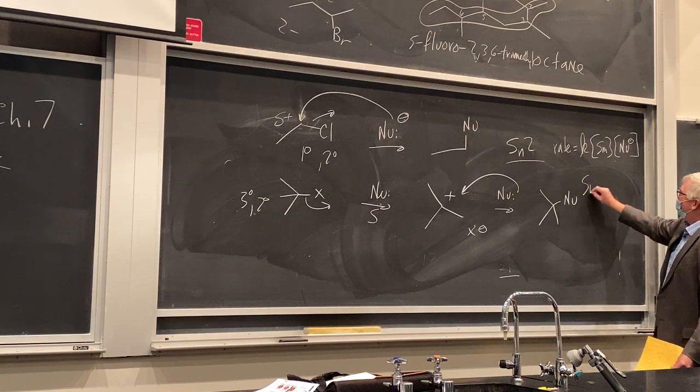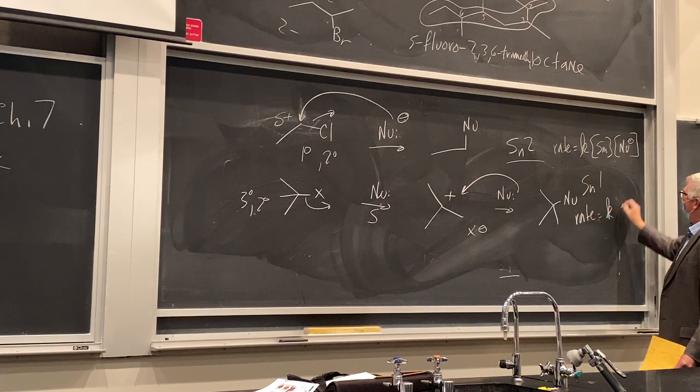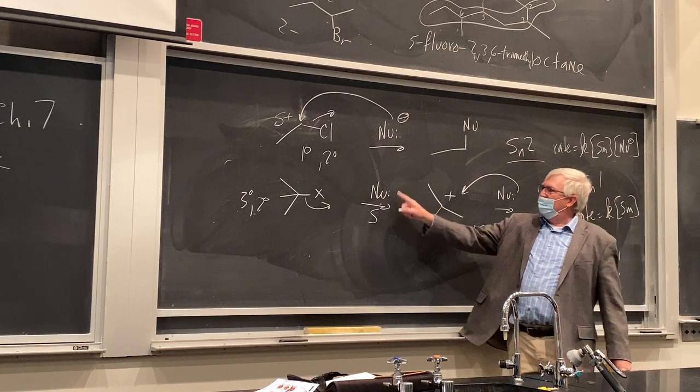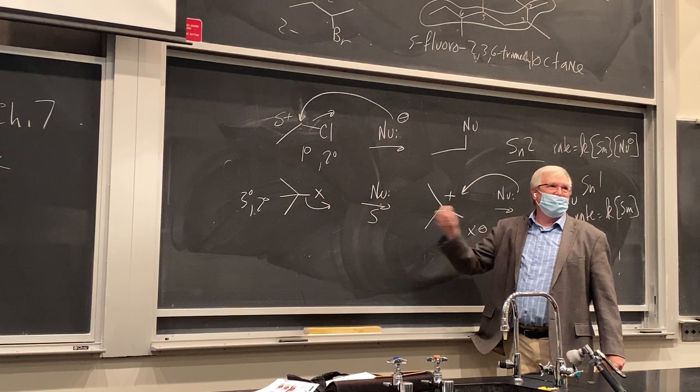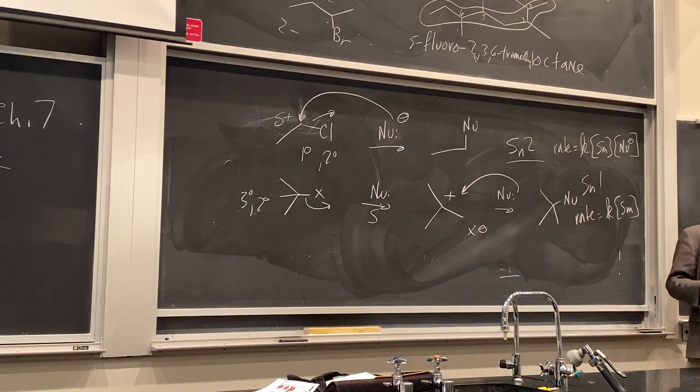And we call this one SN1 now, and the rate will only depend upon the concentration of the starting material. It's independent of the concentration of the nucleophile. You can dump in all the nucleophile you want. In fact, a lot of times the nucleophile in these cases is the solvent. We'll call these solvolysis reactions then, either in water or methanol or ethanol.